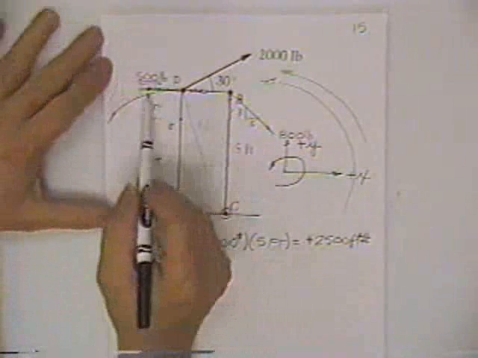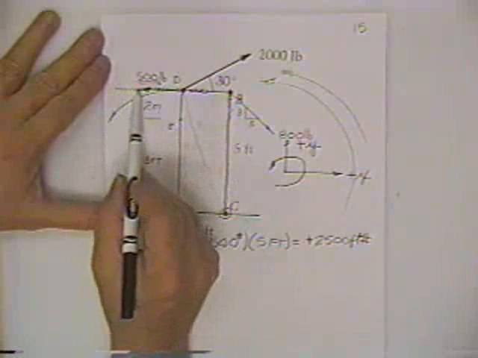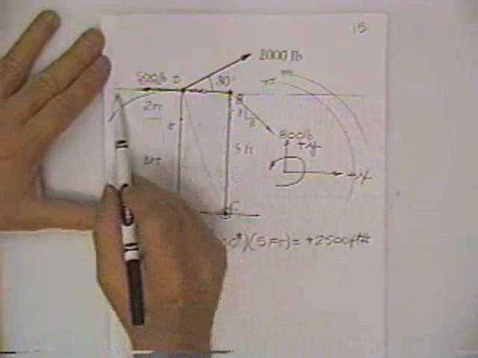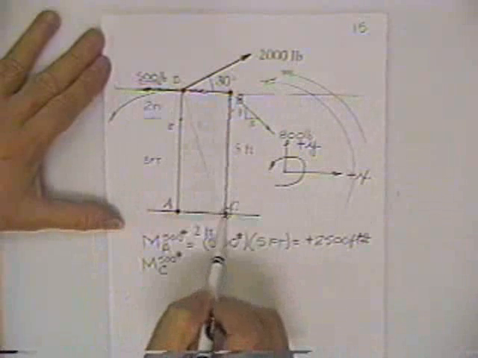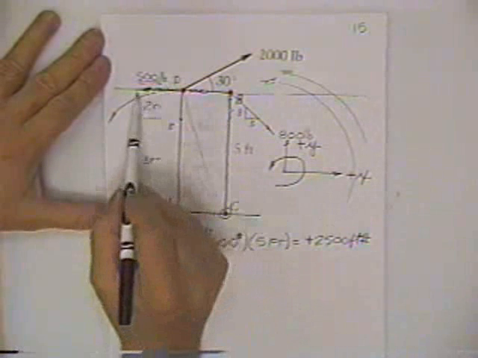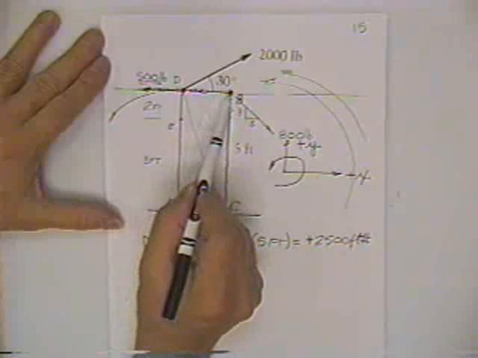If you have trouble with that, what you do is you get on this 500-pound force, you follow it to infinity in both directions, and when it gets as close to point C as it's ever going to get, stop moving your pencil. So here's the force. I start moving the force to the right.